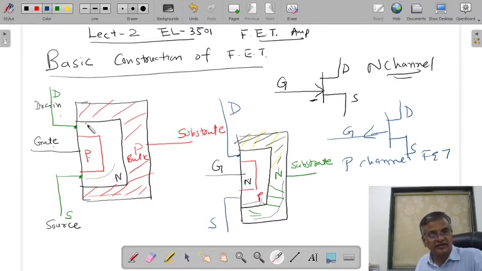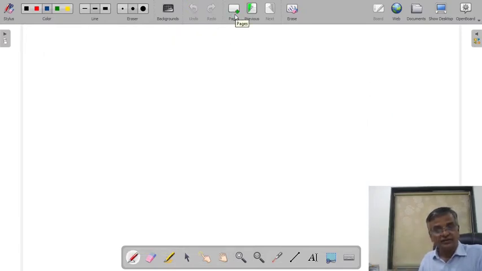Okay. Now I am discussing the characteristics of field effect transistor. So what do characteristics mean? Characteristics is the relation between the current and voltage. Remember one thing, from the characteristics you can get the idea about the application of field effect transistor.